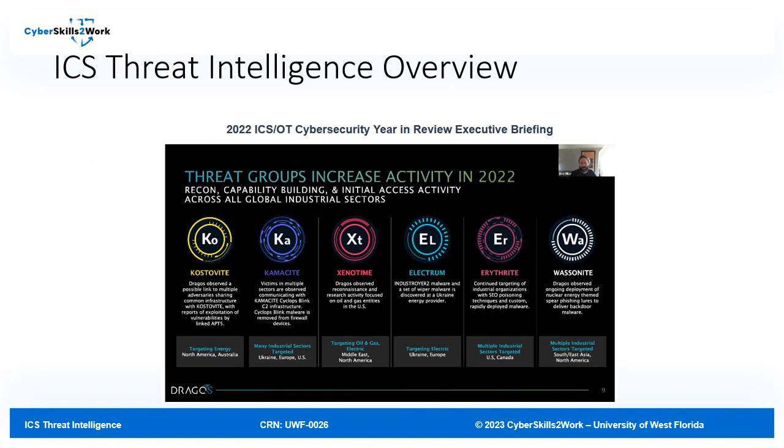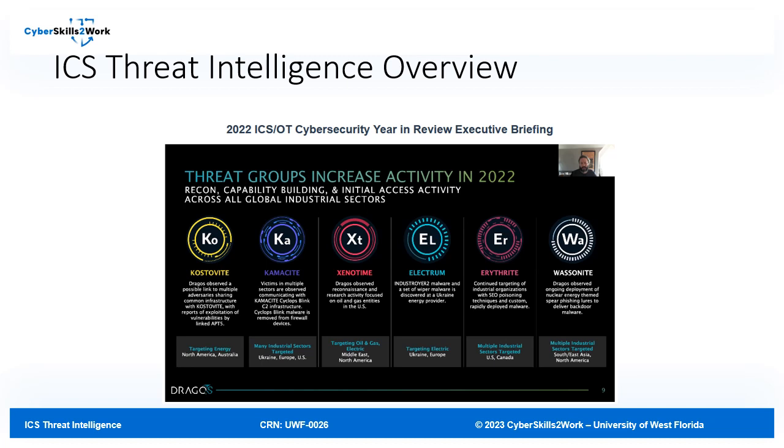SANS provides various webcasts to assist the cybersecurity community with protecting various assets. One of these webcasts, the 2022 ICS OT Cybersecurity Year in Review Executive Briefing, provides some valuable insights into the various threat groups that ICS defenders should be aware of. As displayed in the graphic, in 2022, there were at least six known threat groups targeting industrial sectors.